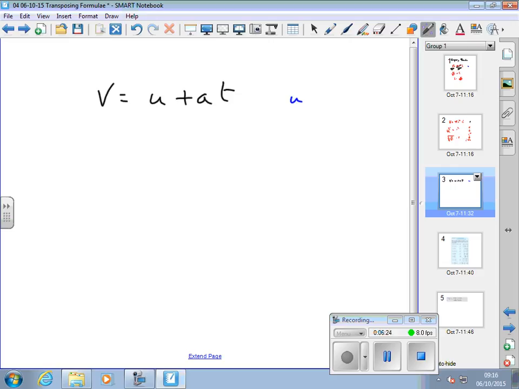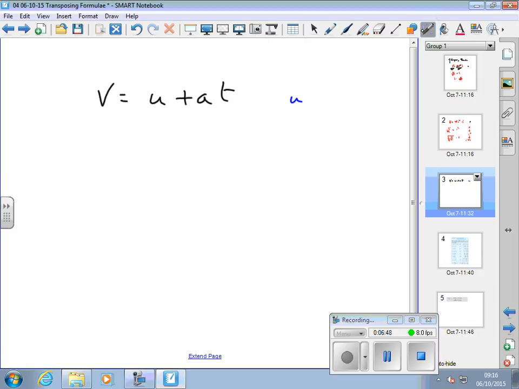Here's another one that you might recognize as one of the equations of motion, v equals u plus at. And we could rearrange that for u. What would we do? Subtract at from both sides, yeah.